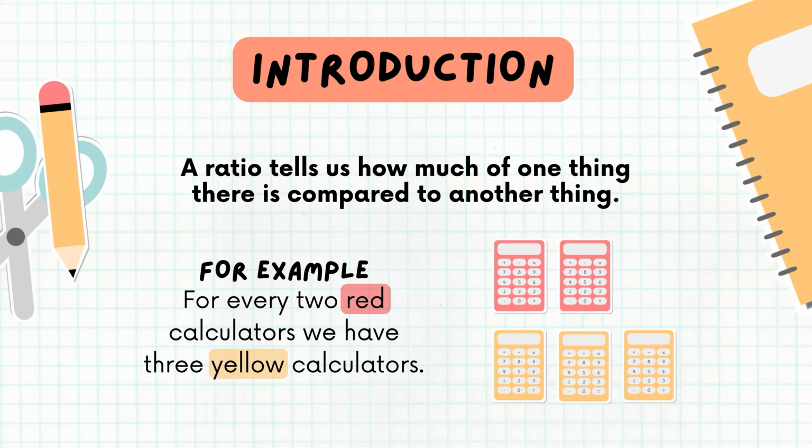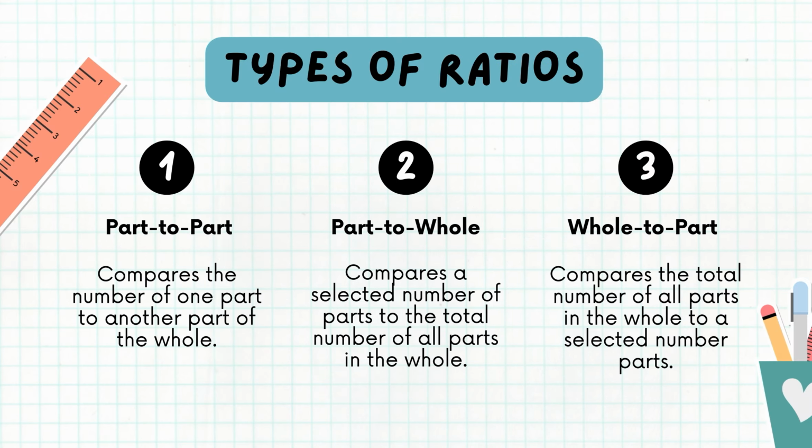What is a ratio? A ratio tells us how much of one thing there is compared to another thing. For example, for every 2 red calculators, we have 3 yellow calculators. The types of ratios are part to part, which compares the number of one part to another part of a whole.